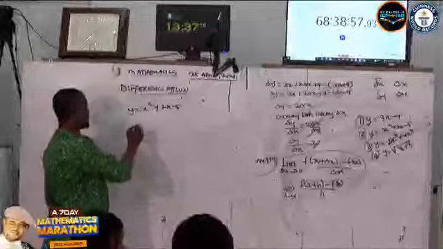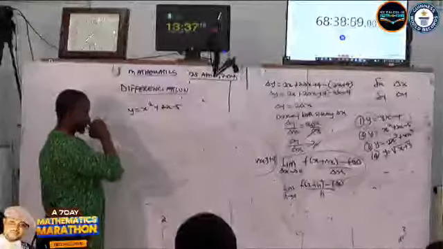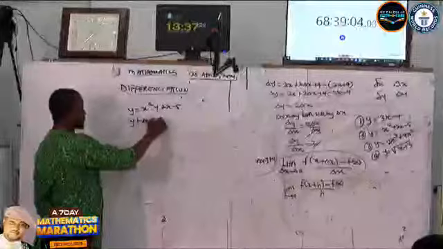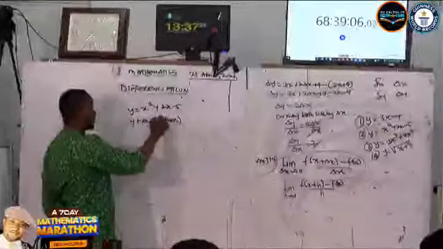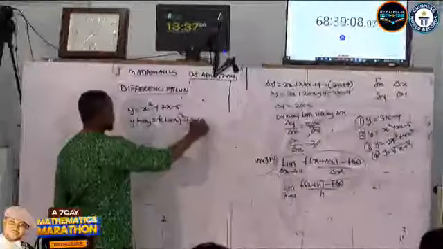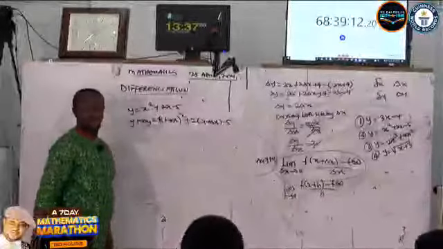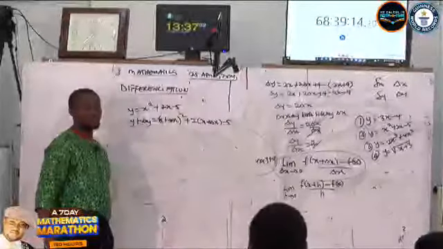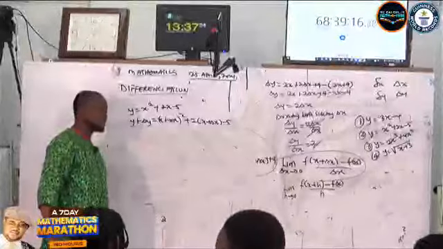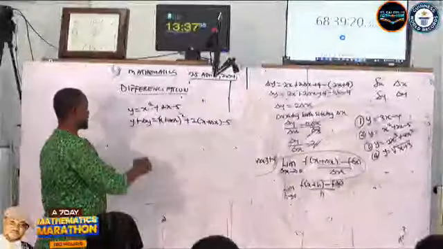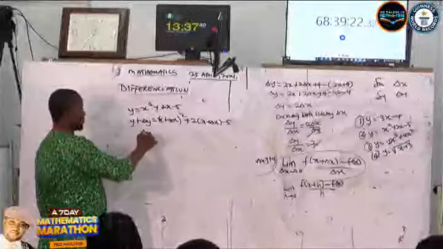All right, now y plus change in y equals x plus change in x all squared plus 2 into x plus change in x minus 5. Have you seen what I'm doing there? So from that level, my change in y will now be, I expand this.